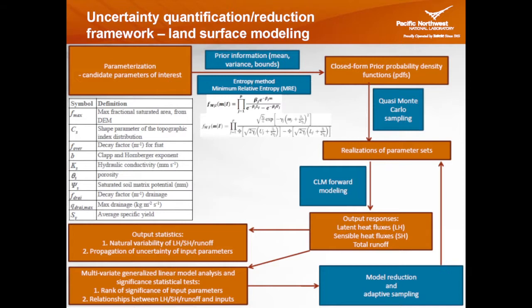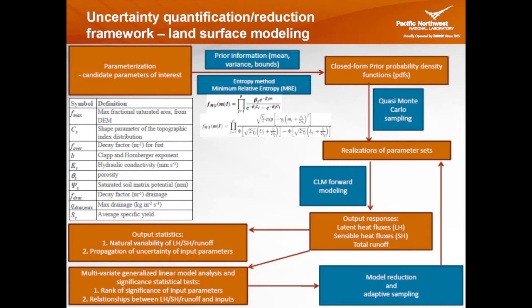And then we can analyze the output responses, like latent heat fluxes, sensible heat fluxes, or runoff, and then look at the output statistics. We also fit probability functions for all these outputs to understand what the different uncertainties are. Is it normally distributed or not? What's the exceedance probability? It's more related to heat extremes or floods.